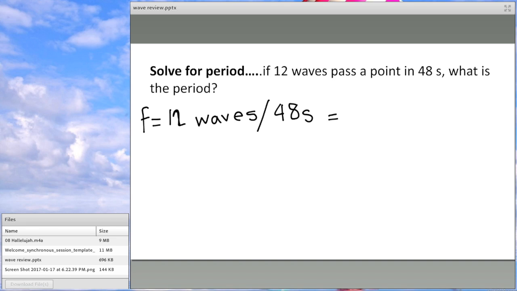Okay, so we could even condense it a little bit. So I'm going to do 12 divided by 48, and I'm going to get 0.25 hertz.